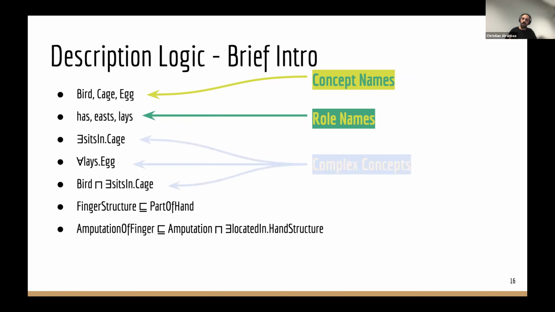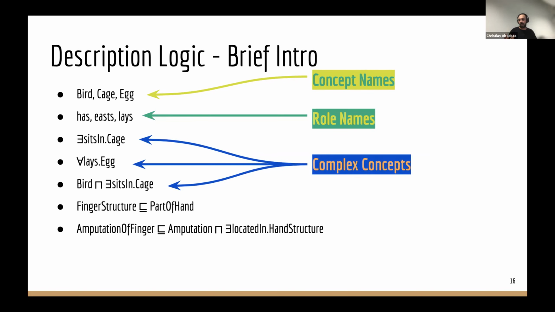And once we have these names, we can now express more complex concept expressions, something like the objects for which there exists something they sit in, which is a cage.